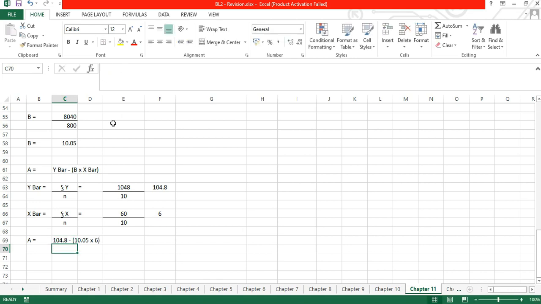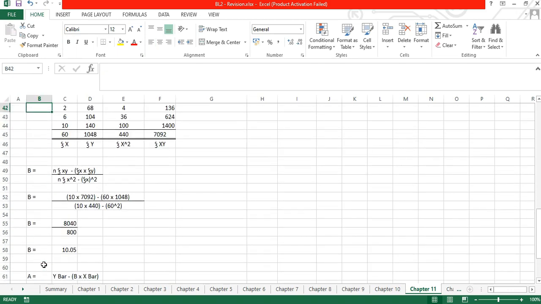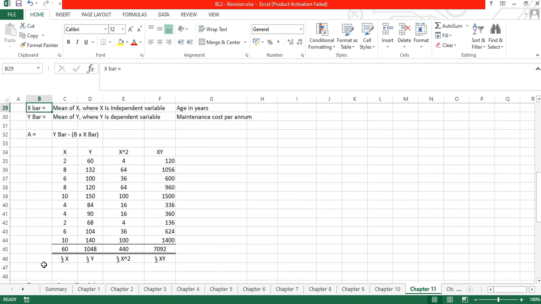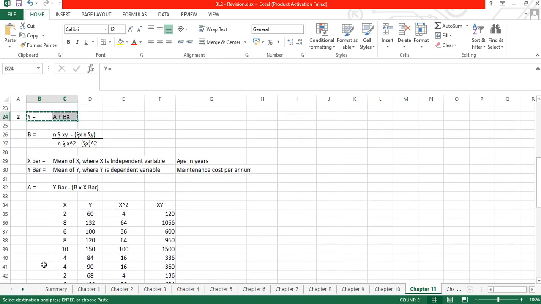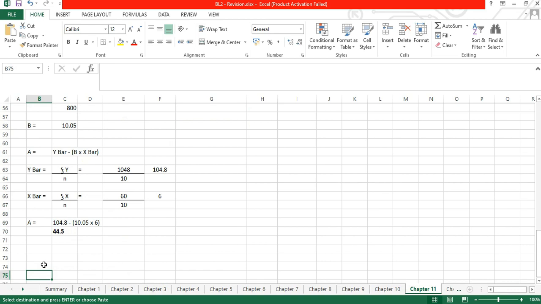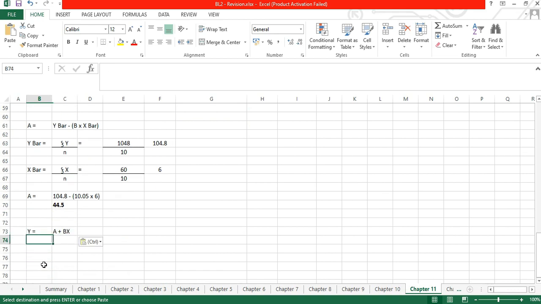So the answer will be A is 44.5, and it's a plus, plus 44.5. Therefore, now let's substitute A and B into our initial format of the equation, which is y equals A plus bx, where A is 44.5 plus B 10.05x.